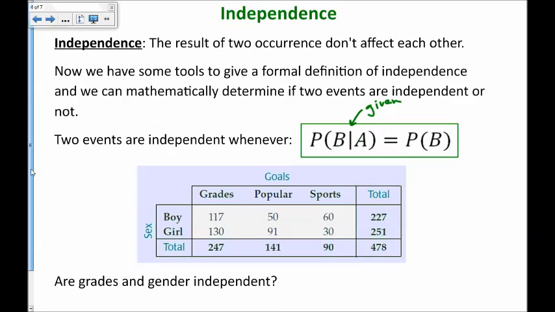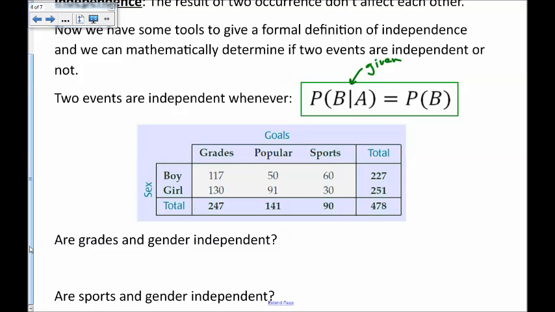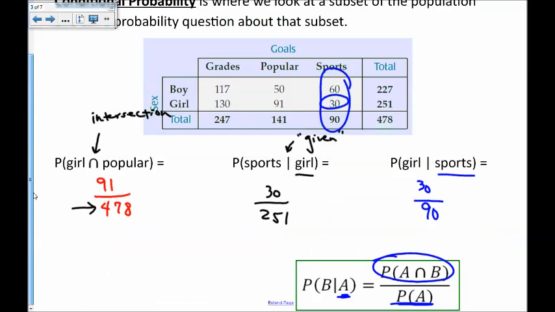Let's look at two questions with this same primary goal data. Are grades and gender independent? We will look at the probability that grades are the primary goal given one of the genders. It doesn't matter which one you use. I will use girl, just like in the last example, and see if that's equal to the probability that someone's primary goal is grades. I compute this using the formula we just talked about.